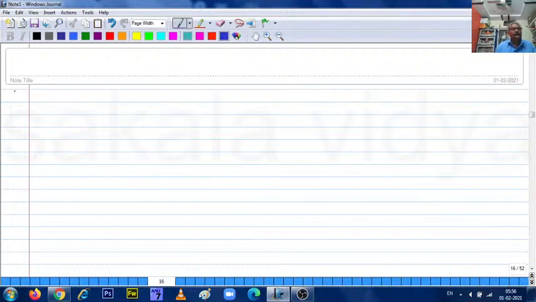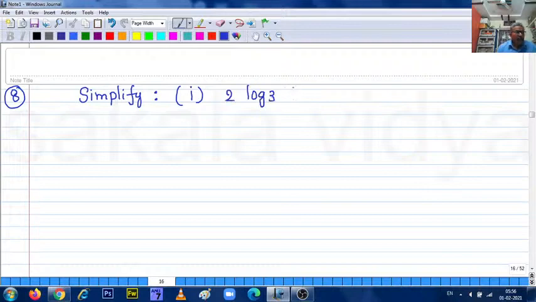Now eighth problem. Simplify. First problem: 2 log 3 plus 3 log 2 plus log 5 minus log 12.